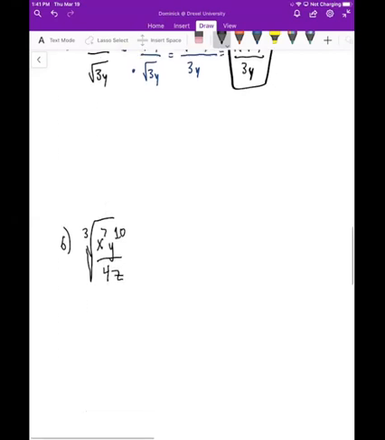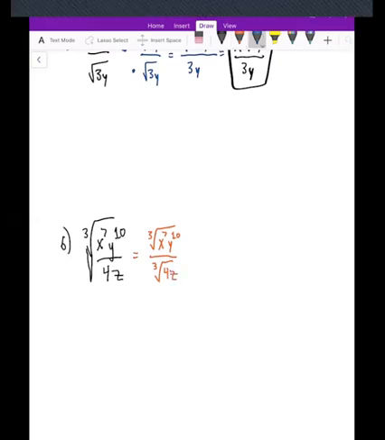And we'll do one more of these, and then we'll talk about, well, what if that bottom has more than one term, right? So for example, in this one, again, we have a cube root, and we could think of this as, first of all, cube root of x to the 7th, y to the 10th over cube root of 4z, right?